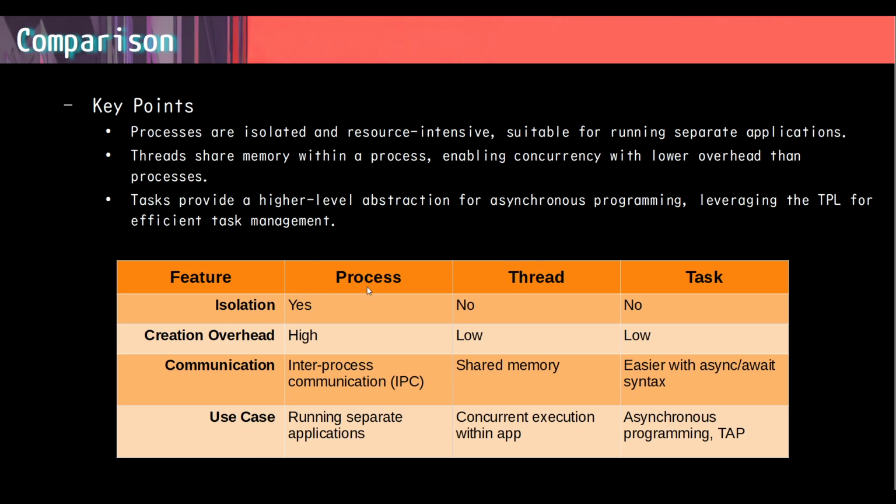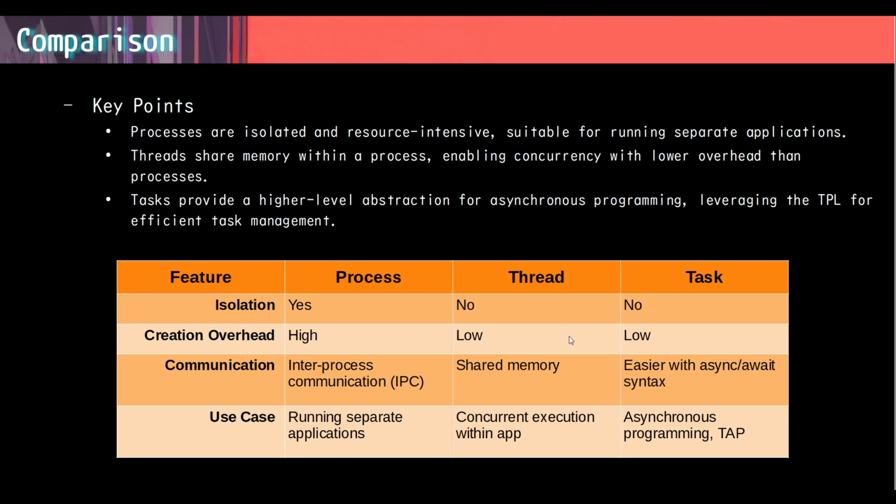So the isolation brought by a process is really high, and the overhead to create a process is really, really high. You have to allocate the memory, get your time slicing of the CPU, maybe ask for the usage of the internet, and so on. You have to take so many resources on hand to initiate your process, so the overhead is really high.